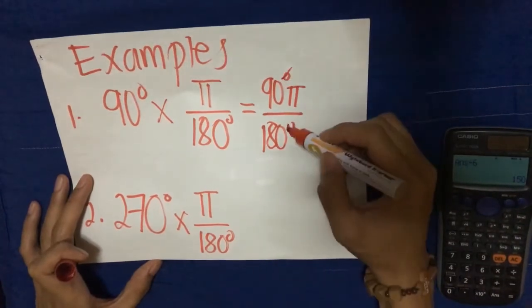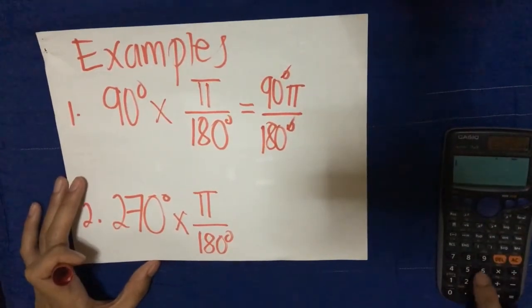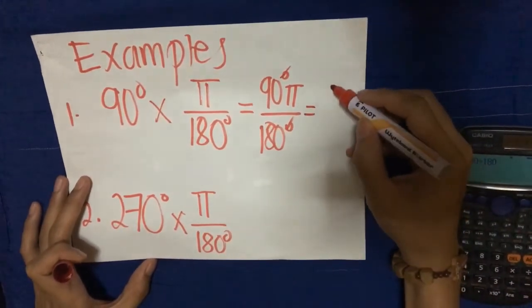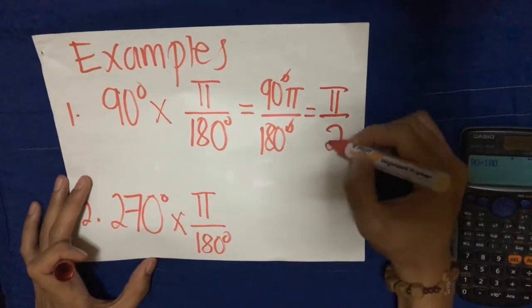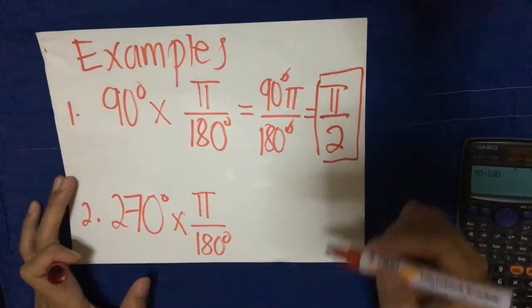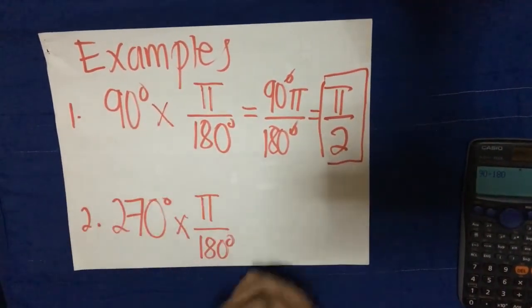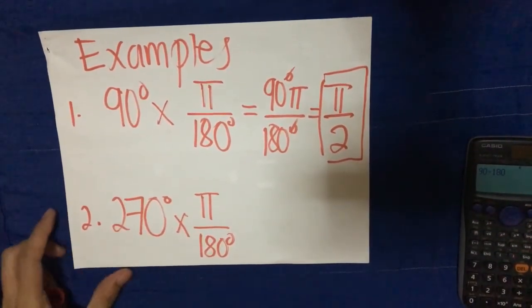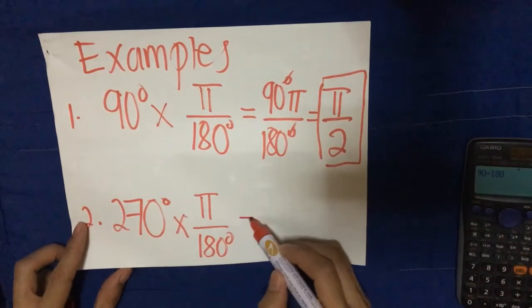You are able to cancel the degree now. So that is 90 divided by 180, which is 1/2. So this is equivalent to pi over 2. Meaning 90 degrees is equivalent to pi over 2. Simple as that. Now let's find out example number 2.